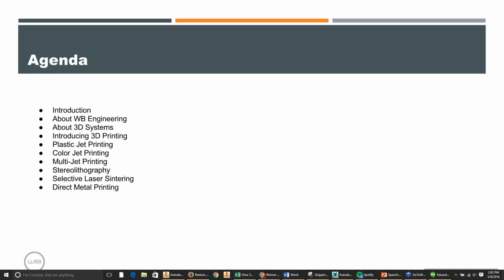Okay, so the agenda for today is first off an introduction. We're going to be talking a little bit about WB Engineering, which is our company, and about 3D Systems, which is the partner we have with 3D printing. We're going to be talking about all different types of technology, so we're going to try to keep this as general and as unbiased as possible, just so you can get a good idea of what each technology has to offer.